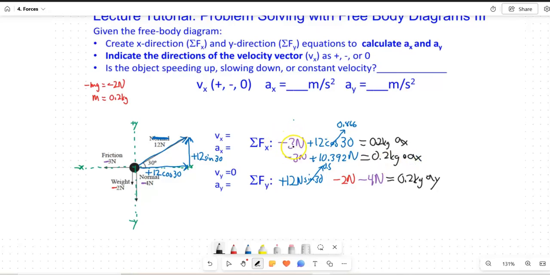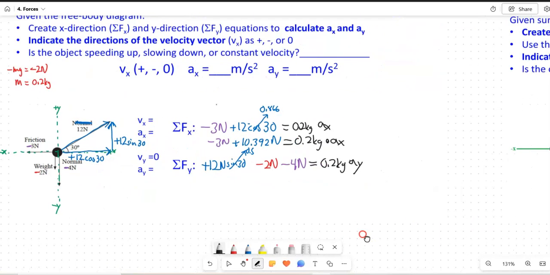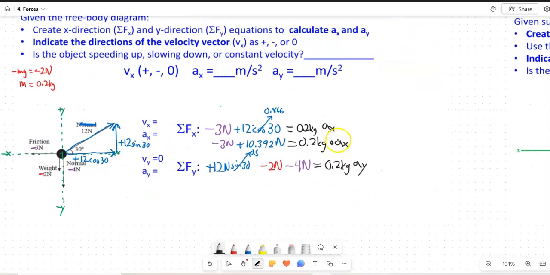All right, let's go ahead and try to figure this out. So that is going to be 7.392. So let's solve for the acceleration in the x direction.